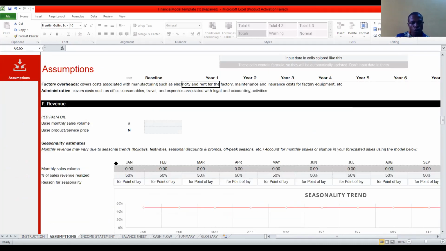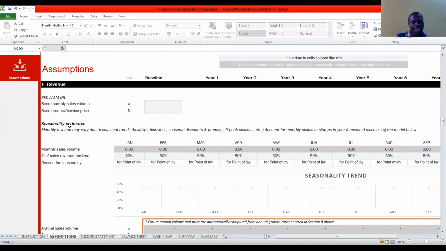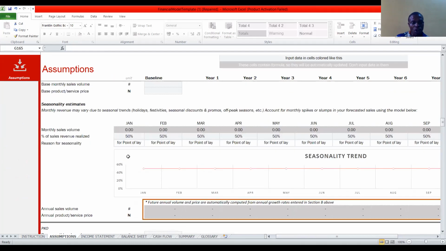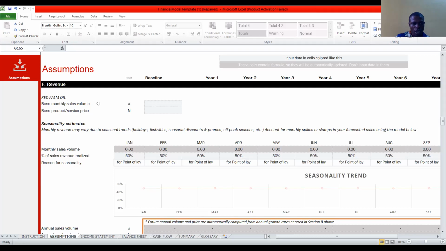So now this is where you project your revenue. Your red palm oil, how much volume is it going to be producing per month if you are able to get the loan? Monthly volume. Let me see what we have here. Okay, fantastic.